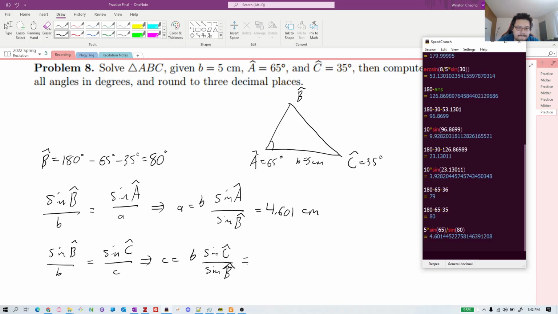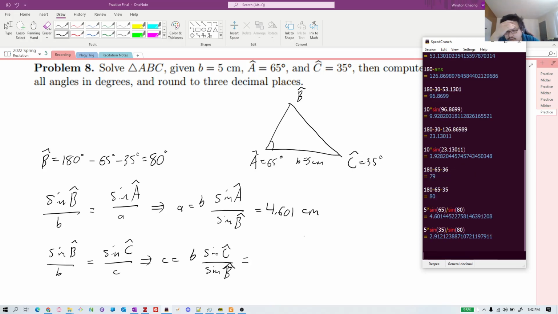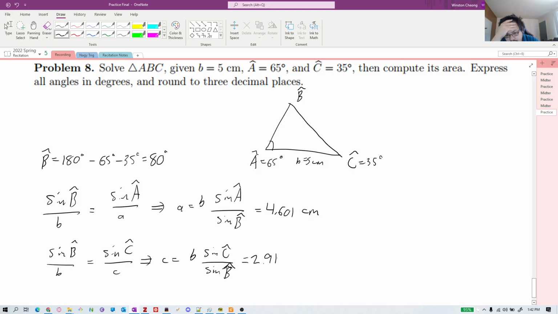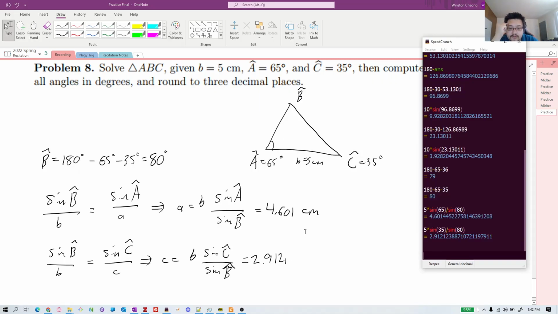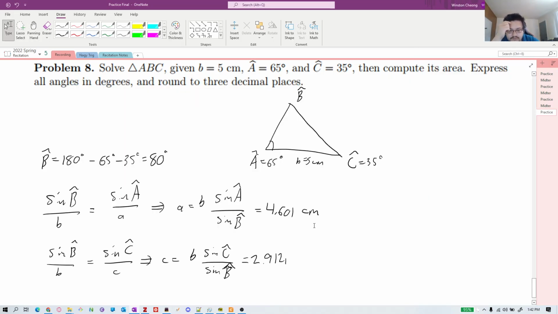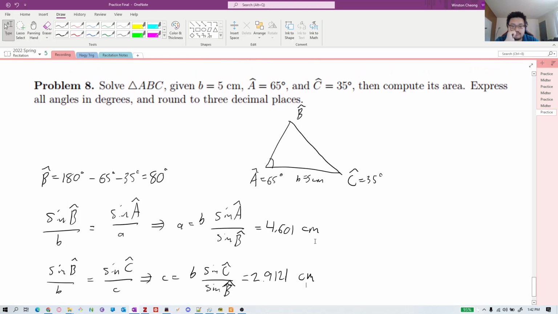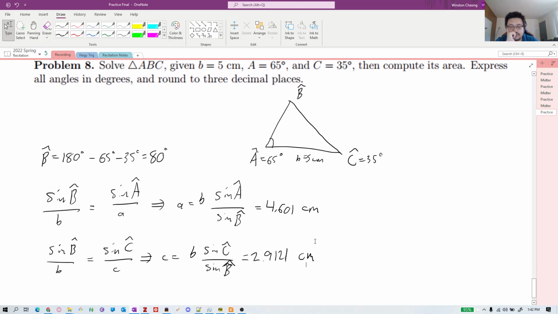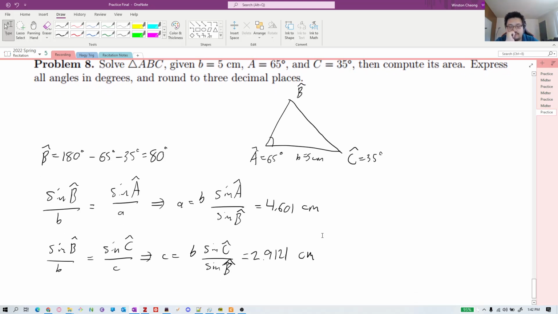So B is 5 times sine of C, which is 35, divided by sine of B, which is 80. We get 2.9121, I think I saw. Yes. Centimeters. Okay. So we solved the whole triangle.